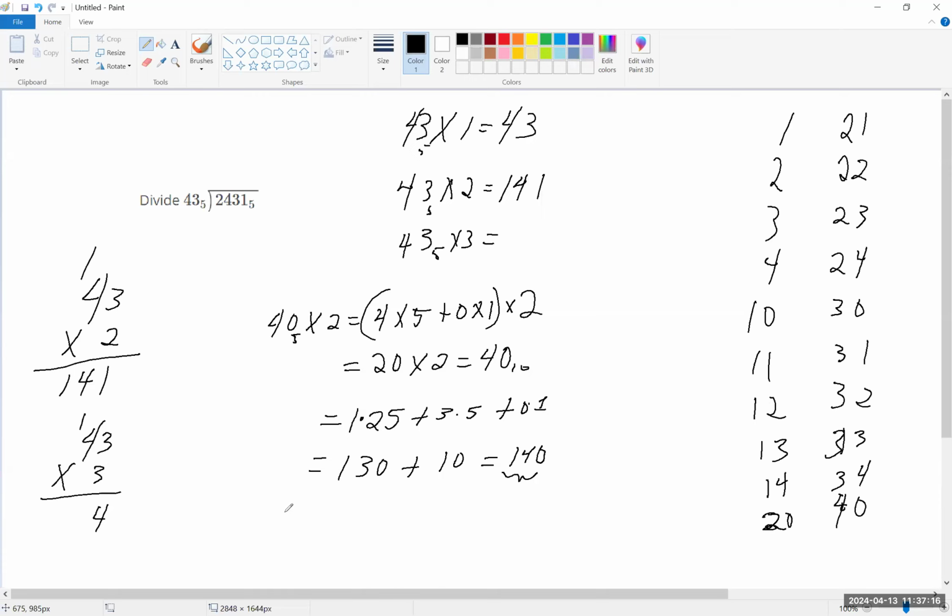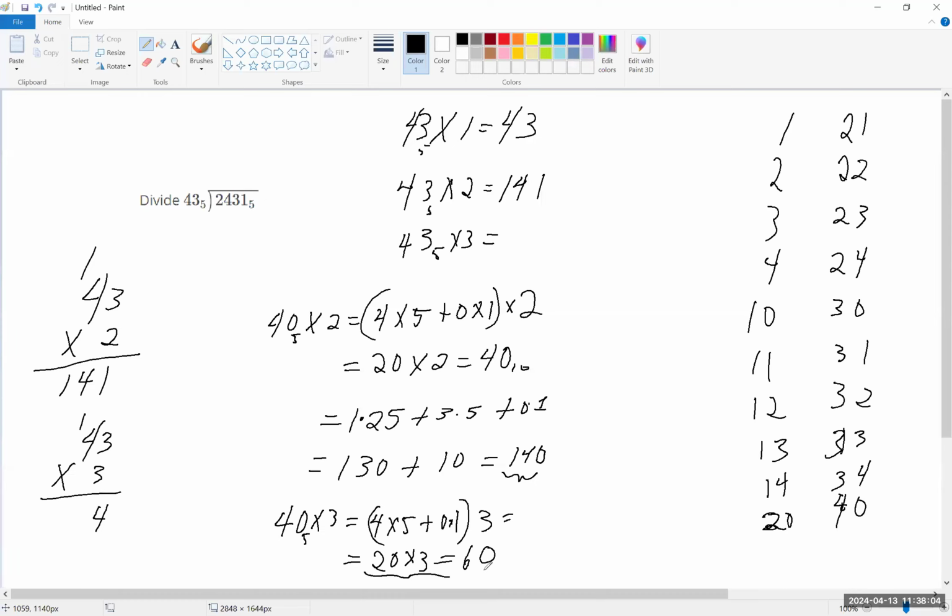Then we've got 40 times 3 in base 5. 40 base 5 is 4 5s and 0 ones times 3, which in base 10 is 20 times 3, which is 60. Now convert 60 back to base 5.